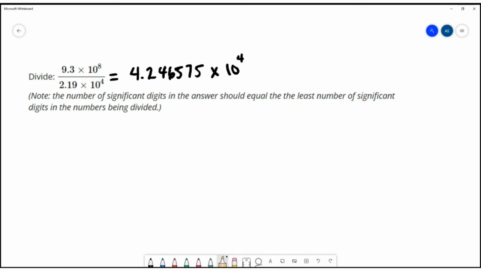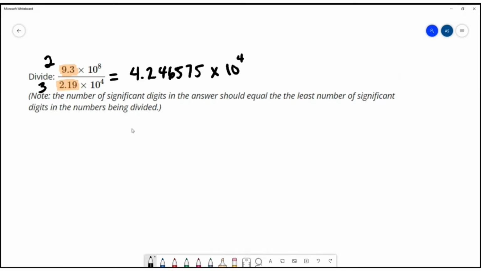So looking at our numerator, we have the digits 9 and 3 being significant. So we have 2 significant digits from the numerator. And from the denominator, we have 3 digits that are significant.